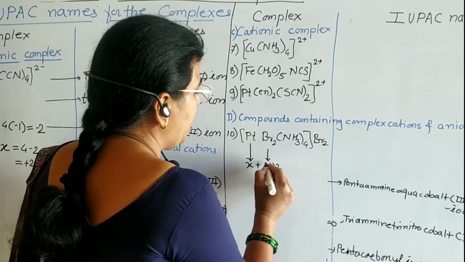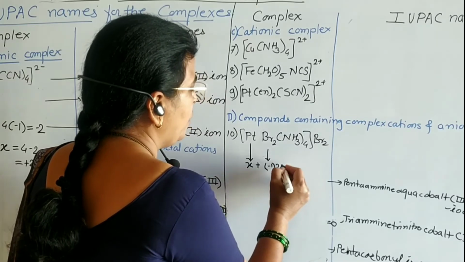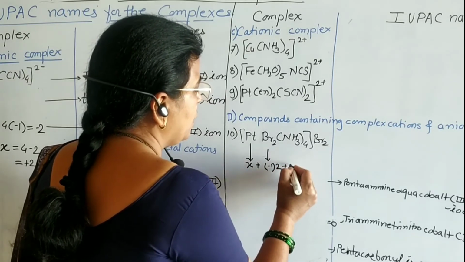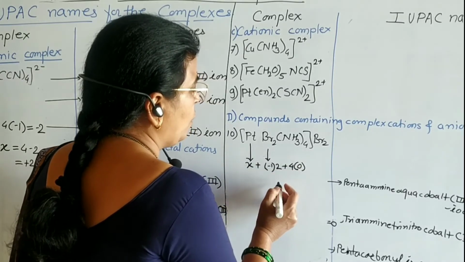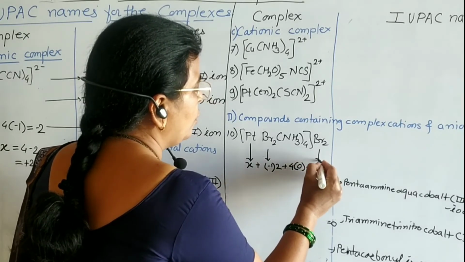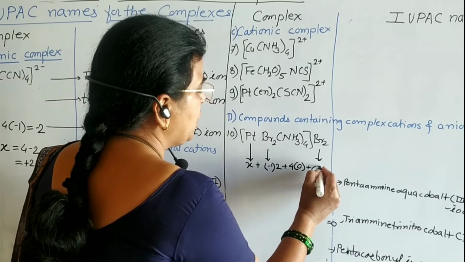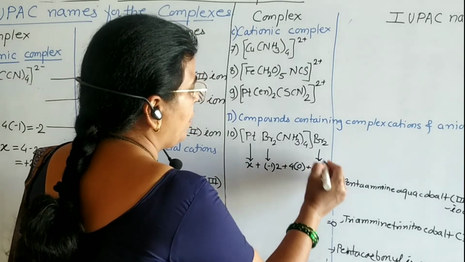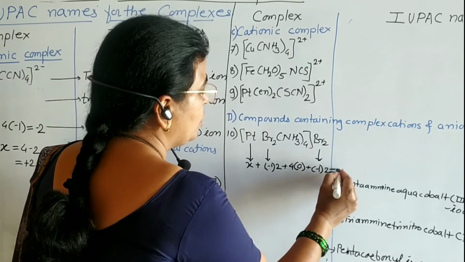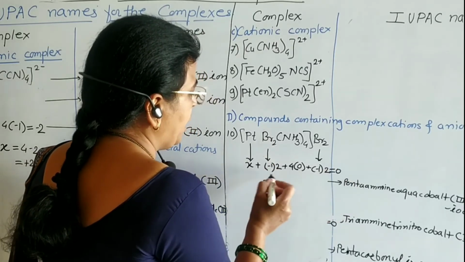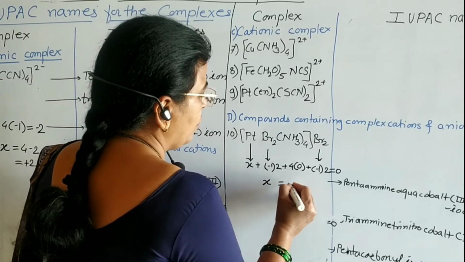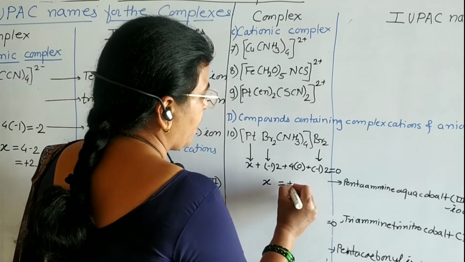There are 2 bromines, multiply by 2, plus here there are 4 amine groups and oxidation state of amine is 0. Oxidation state of bromine is -1 multiplied by 2, is equal to 0. Now we get the oxidation state of this platinum as plus 4.